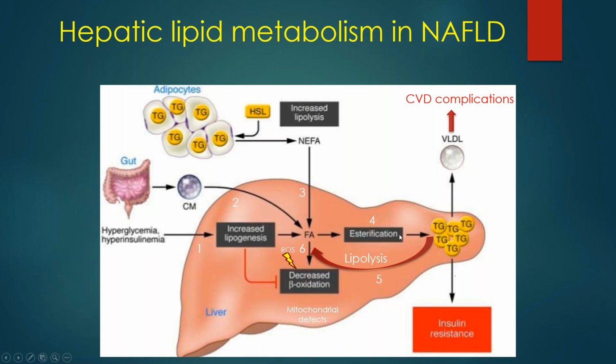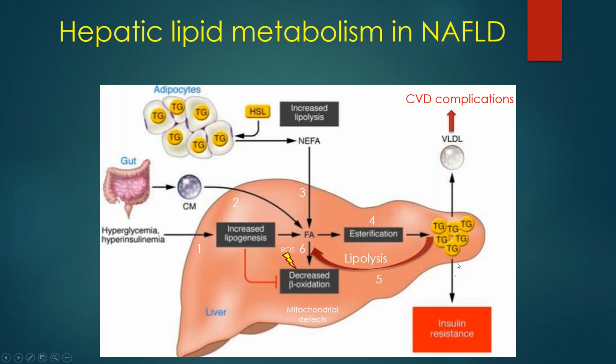Now, the problem is that if you store lipid droplets for very long, they in turn increase the secretion of VLDL, because triglyceride could be thrown out from the liver in the form of VLDL. VLDL can be broken down into LDL and could be oxidized to form oxy-LDL and could have cardiovascular complications.